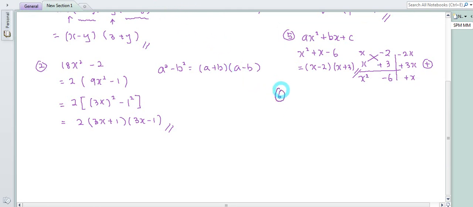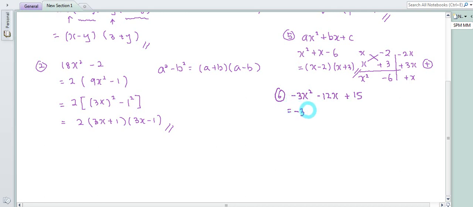Okay, so now we look at this one. We have a negative 3x squared minus 12x plus 15. So we try to make the number become smaller, easier for us to do the factorization. Here I see you can bring the 3 go out, right?